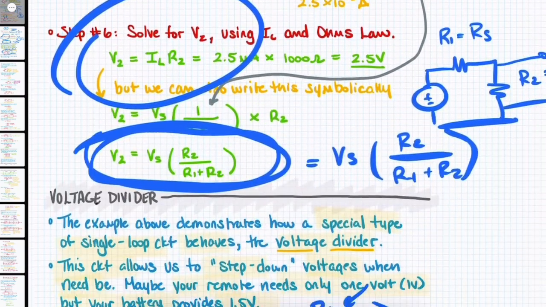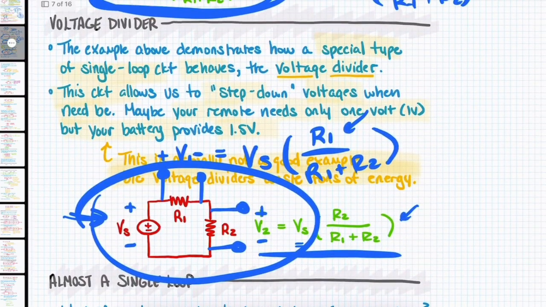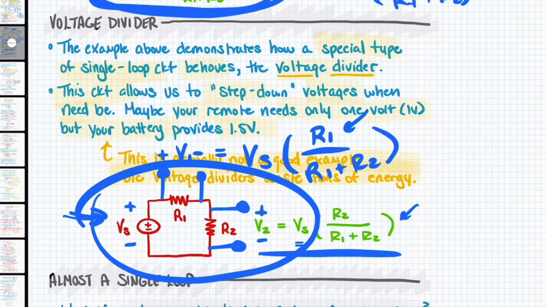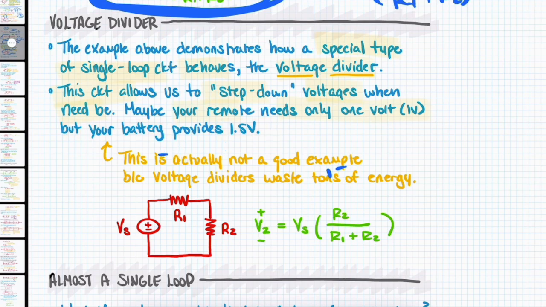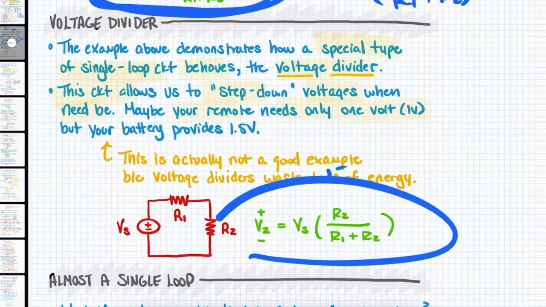Okay. So that's the voltage divider. It's very useful. You will see it a lot of times, especially in these introductory circuits courses. So hopefully you'll be familiar with it. You'll be able to note when you see one and apply the appropriate equation.